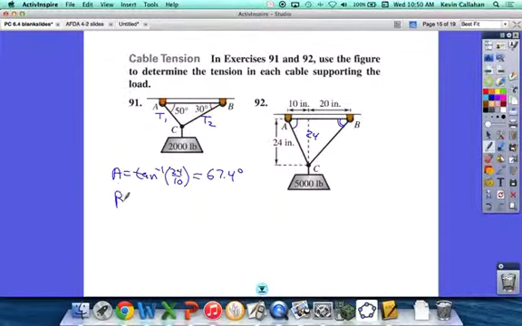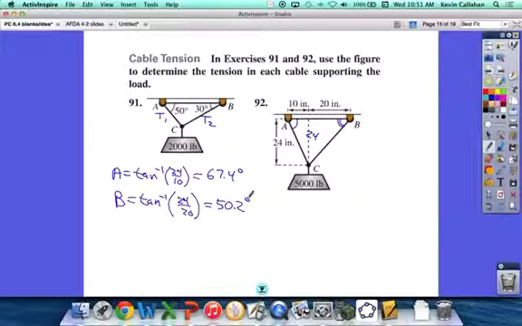And the angle B will be the tan inverse of what? 24 over 20, right? 24 divided by 20. 50.2. So that's a step you don't have to take on this one because it already has the angles in there. So that should be the easier of the two problems.